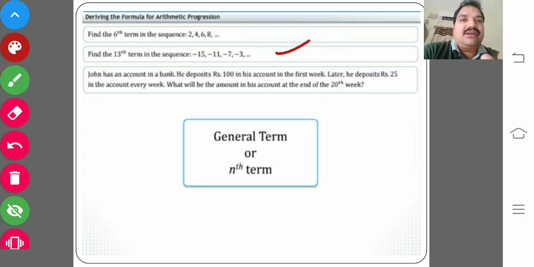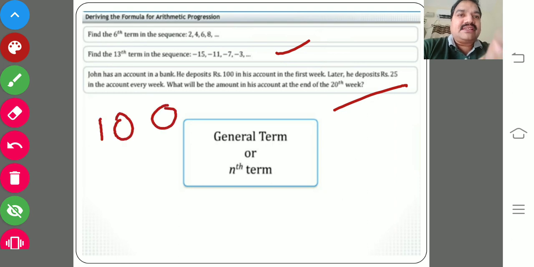If you observe the next problem: John has an account in a bank. He deposits 100 rupees in his account in the first week. Later he deposits 25 rupees in the account every week. What will be the amount in his account at the end of the 20th week? How can I write this in this small space? First week 100 rupees, which is A and T1.